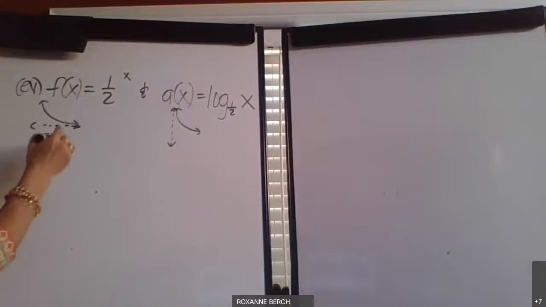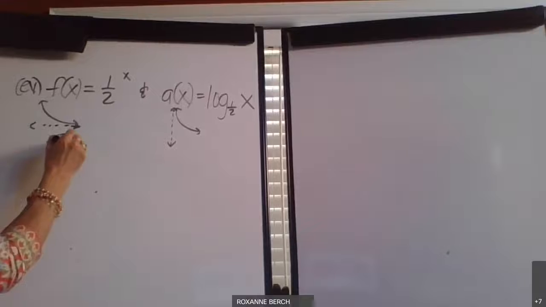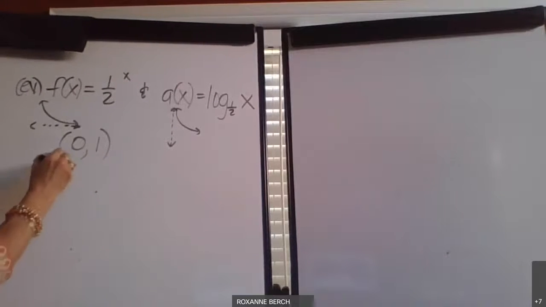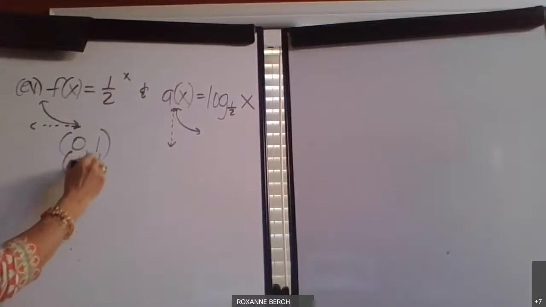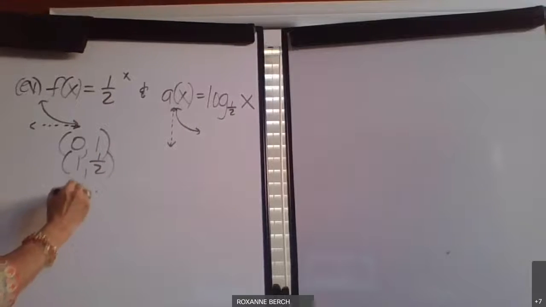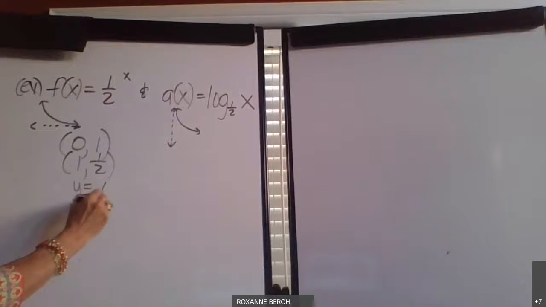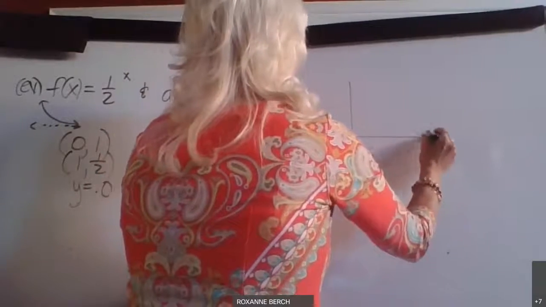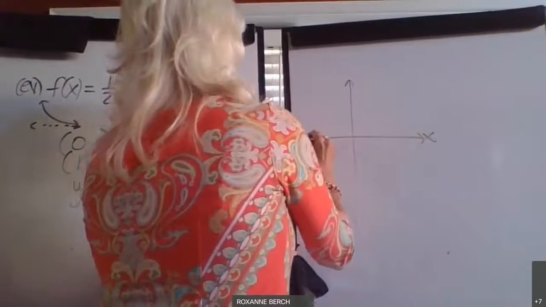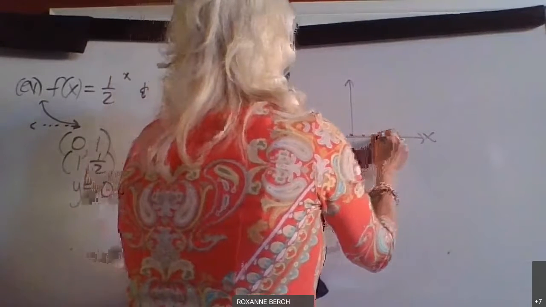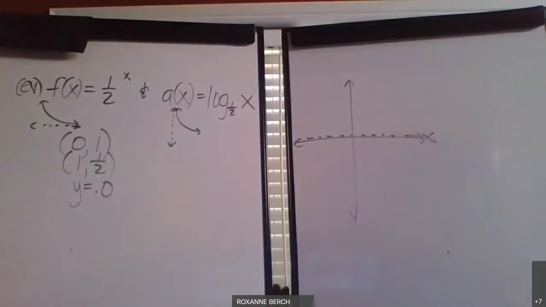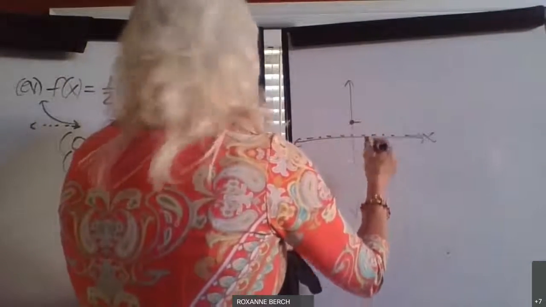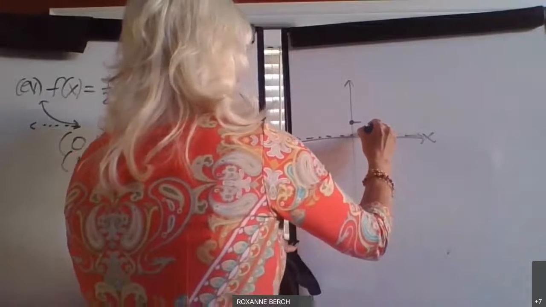So if you were going to pick the parent points, we pick 0 because 1/2 to the 0 is 1. And if you pick 1, 1/2 to the 1 is a half. And we know this guy has a horizontal asymptote. So we graph 0, 1, and we graph right 1, up a half.